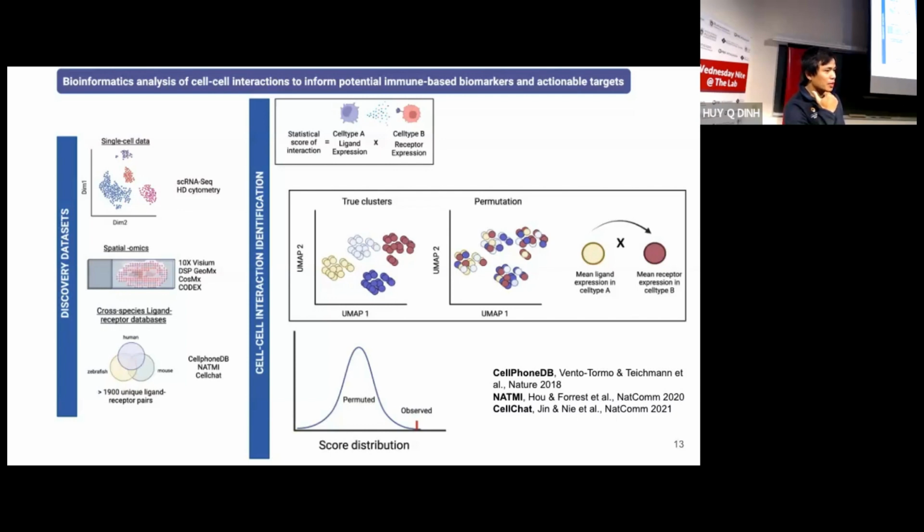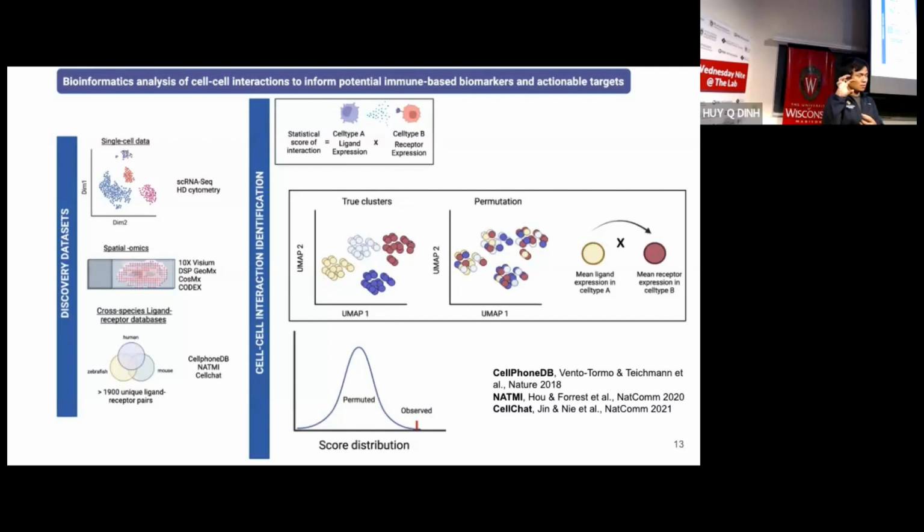But we have to assume the cells that are close to each other are more likely interacting. We have a project where we plot the distance in the spatial data against the expression. We see some of the interactions if we use the conventional score that we developed here.